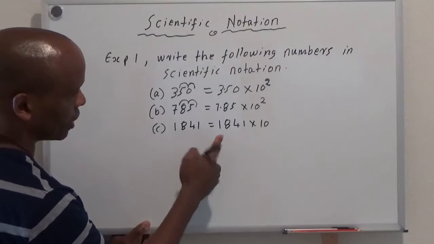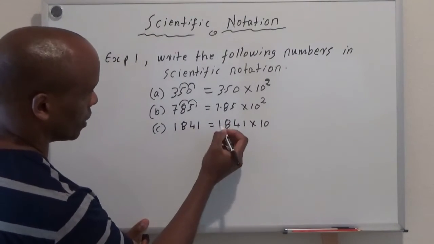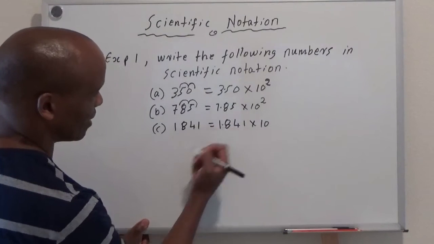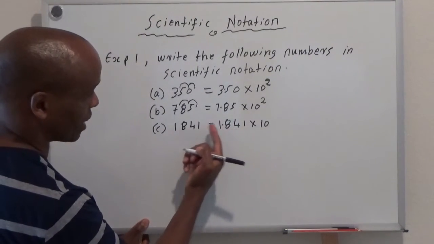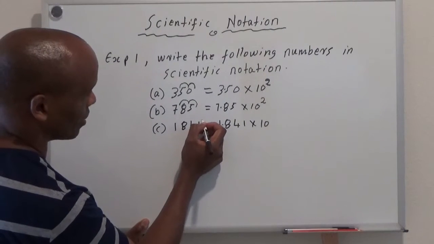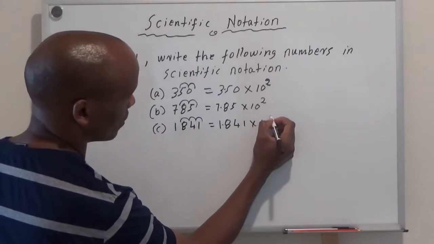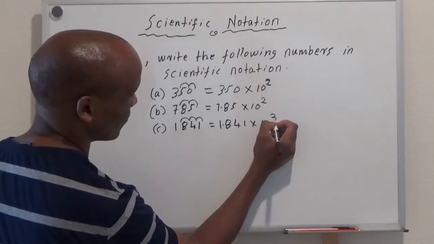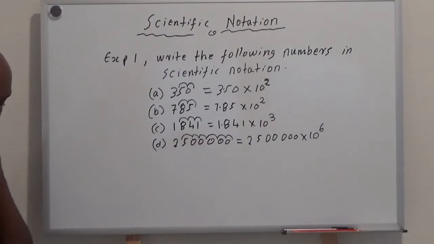To get a number between 1 and 10, it can only be there, right? So how many decimal places have I moved from here? It's 1, 2, 3. So here I have 3. Right?